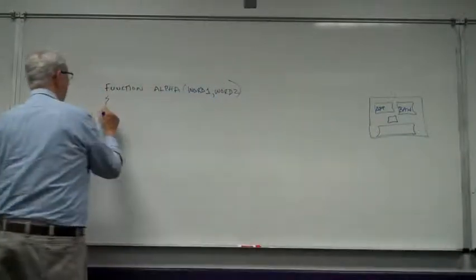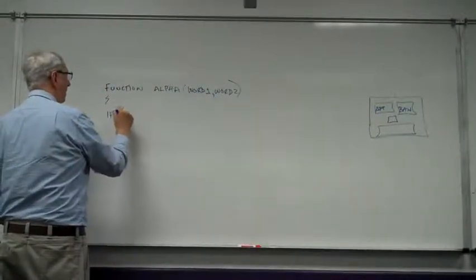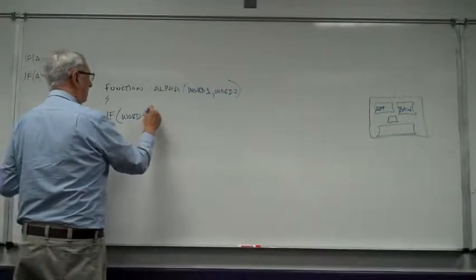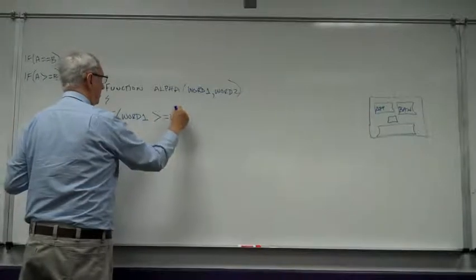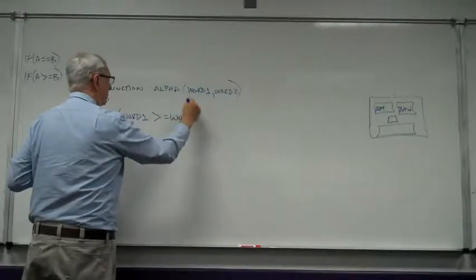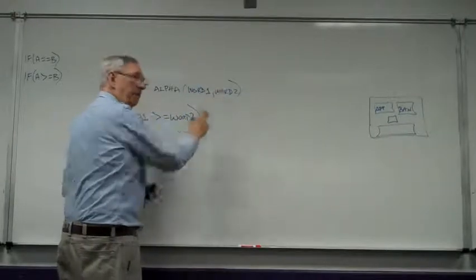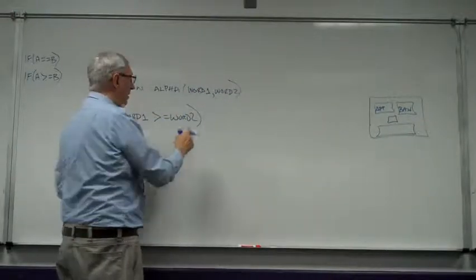So you say, well, if word 1 is greater than or equal to word 2, that means this one would be higher on the alphabet than that one, right? If it was true. Okay?